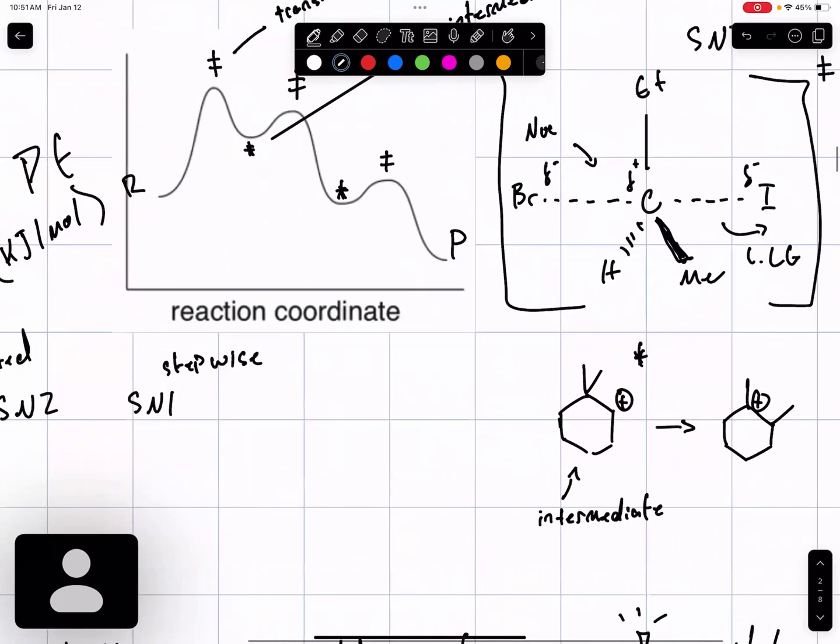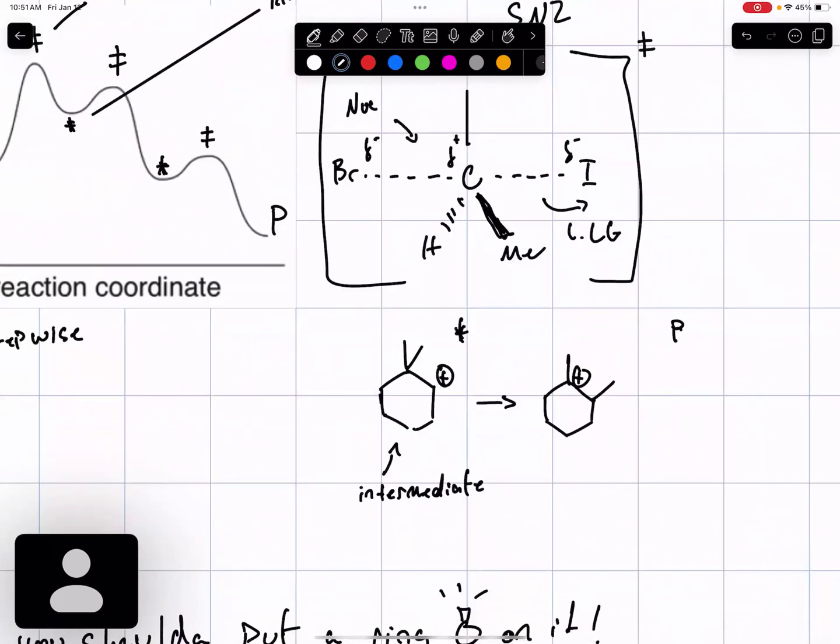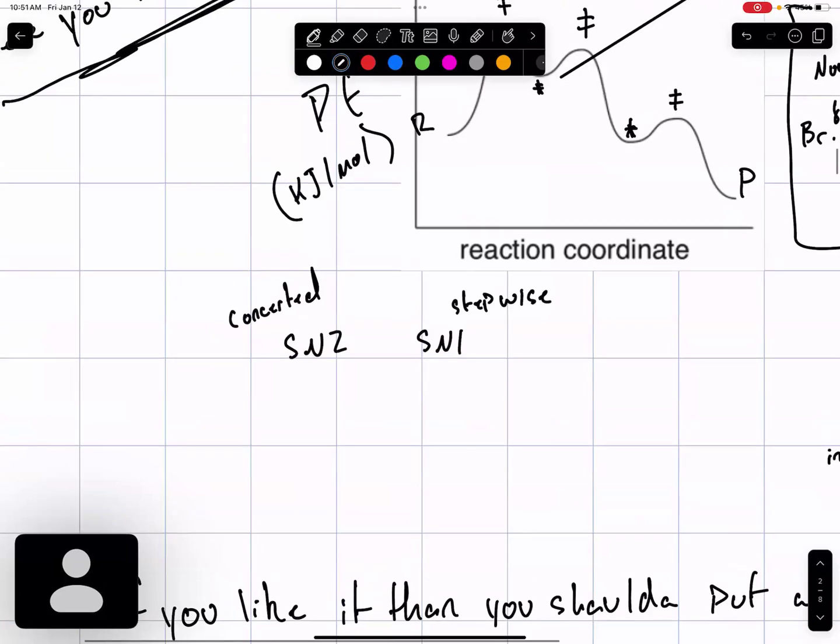And this, an SN1, if I had bromine attacking here, is what we would consider a stepwise reaction, right? So how many steps are in a concerted reaction, like an SN2 reaction? How many steps? It happens at the same time, right? It would be one. Yeah, one step.